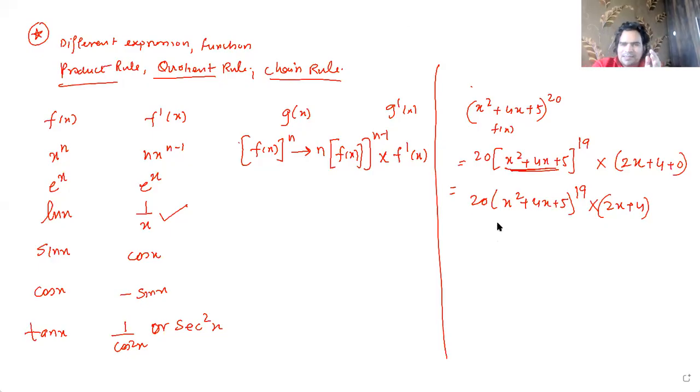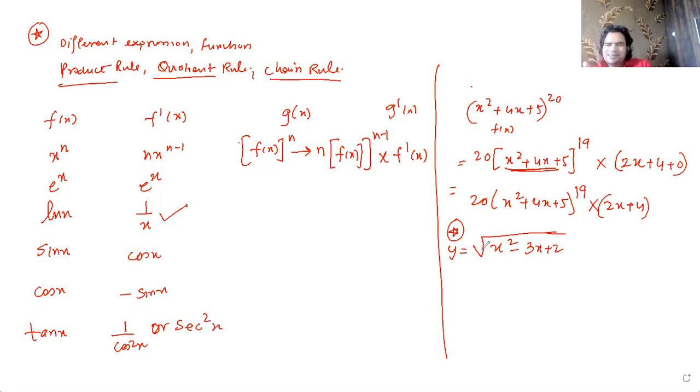Now let's take a couple more examples where you have been given some function to the power n. One of the favorite examples involves roots. Let's say you have the square root of x squared minus 3x plus 2, and you want to find the derivative.